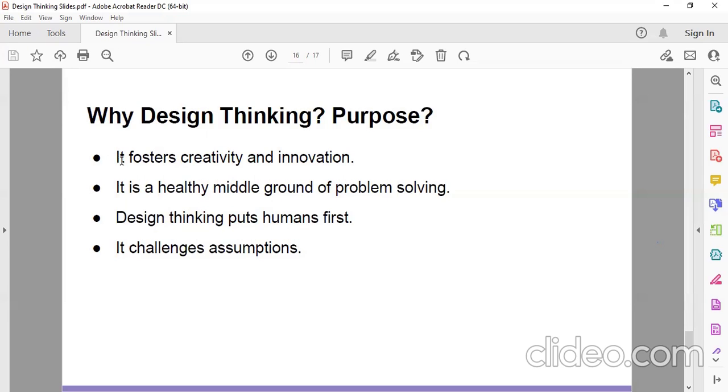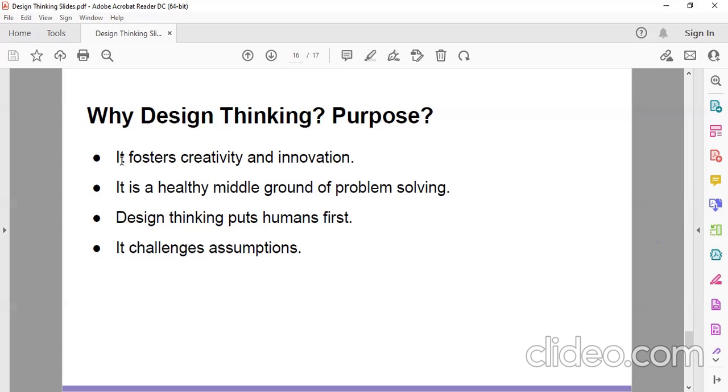So the first one is it fosters creativity and innovation. Of course, that's what we have been discussing so far, right? This design thinking actually makes us think out of the box, right? Usually, we'll be bounded to the existing knowledge that we already gained, or we'll just consider the assumptions that were made earlier and the things that were told to us by our parents or any other senior.